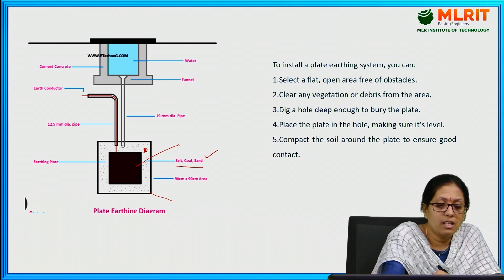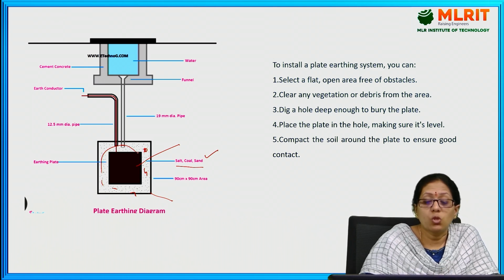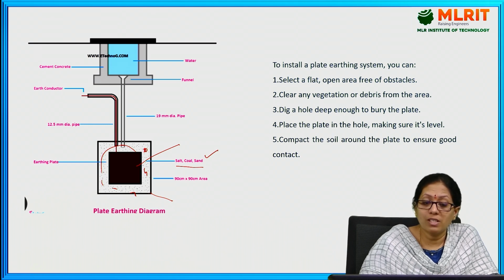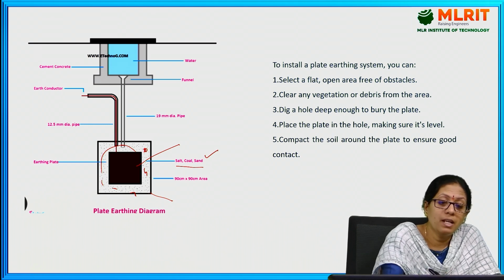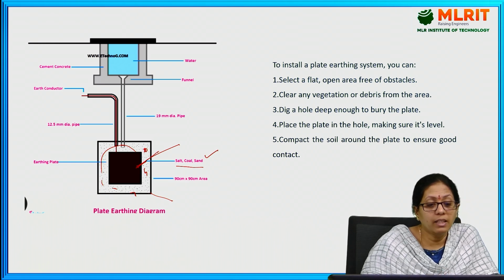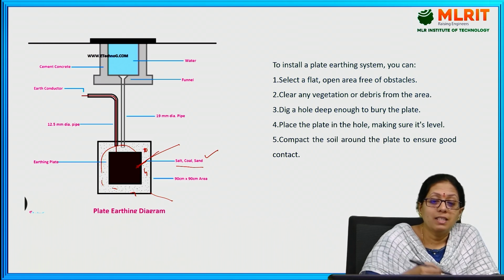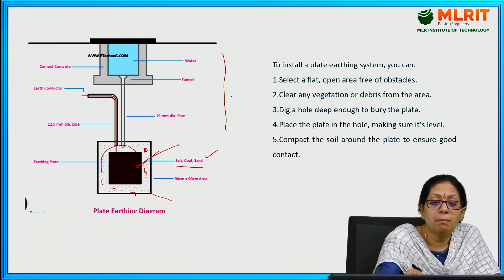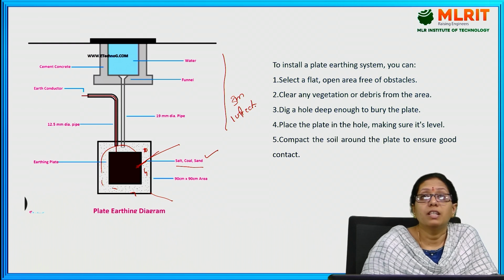Inside this salt, coal or sand material, we will be placing this earthing plate, and this should be a minimum of 3 meters, or 10 feet, depth inside the ground level.